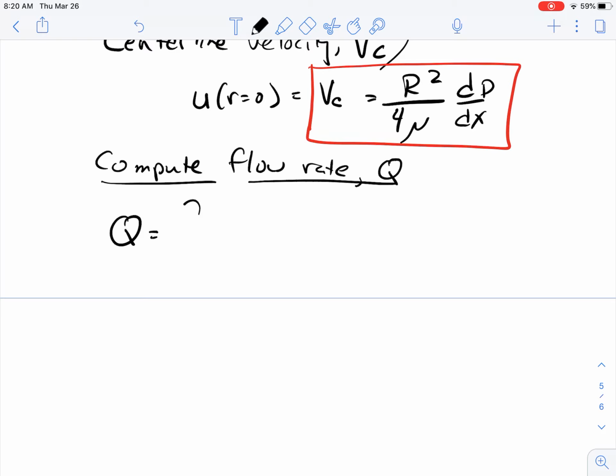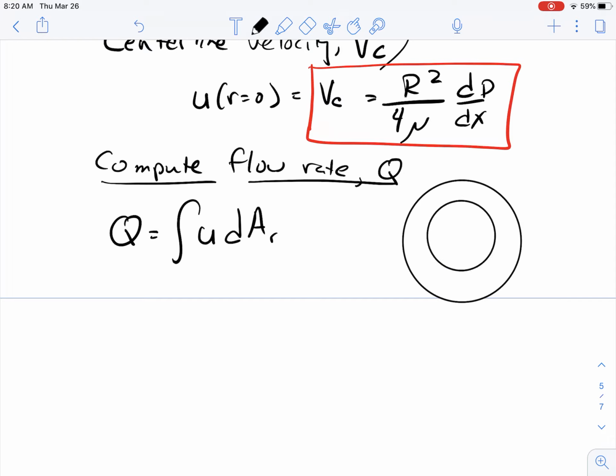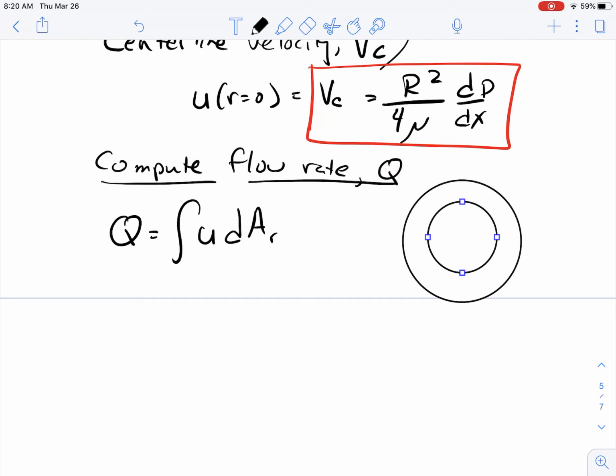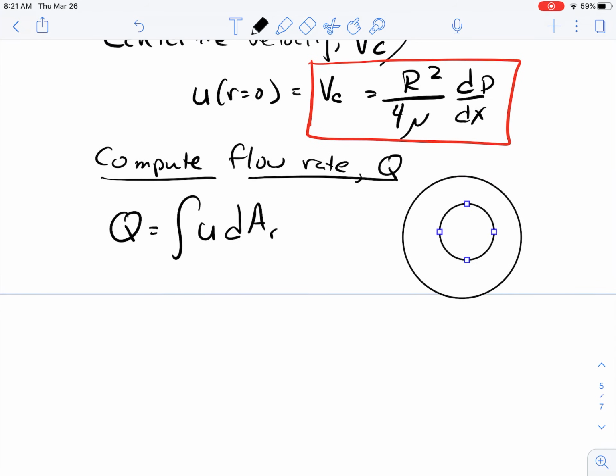So Q is equal to the integral of our velocity u times dA, and I'll call this a little r, because we're going to have my circle here, and this little annulus that we're going to be integrating over.